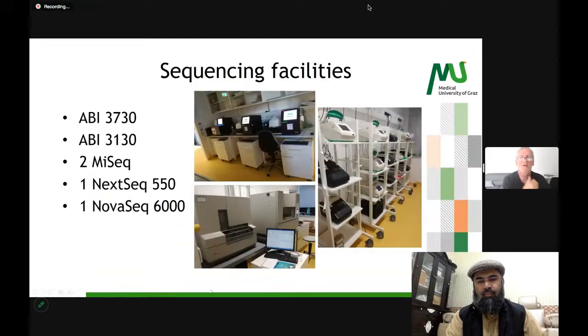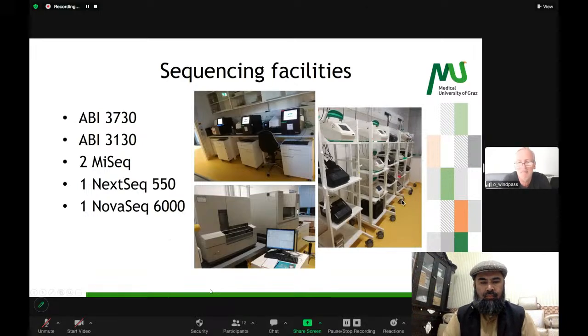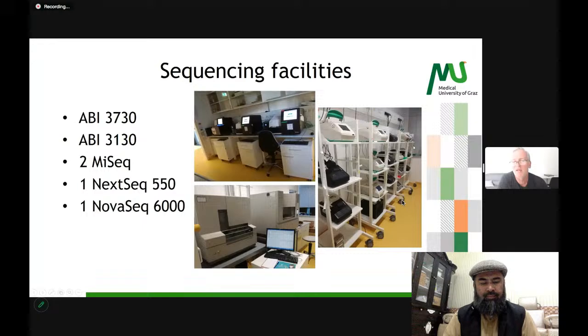So this is now a picture of our molecular lab. As you can see here, we have tons of PCR machines doing the PCR work which is needed for whole exome sequencing approaches. And here are our next generation sequencing platforms and the Sanger sequencing platform we use for mutation detection.